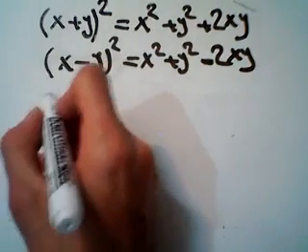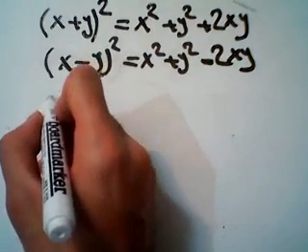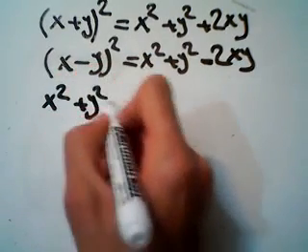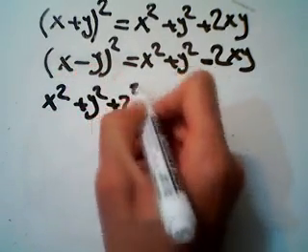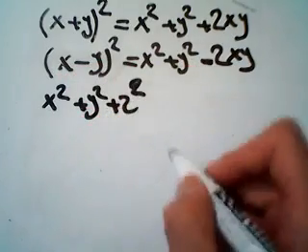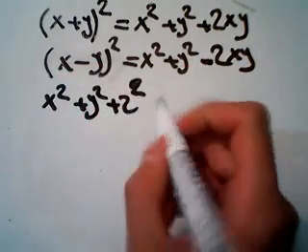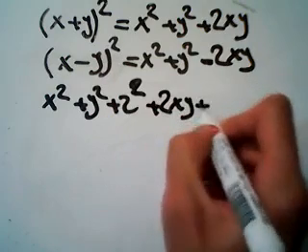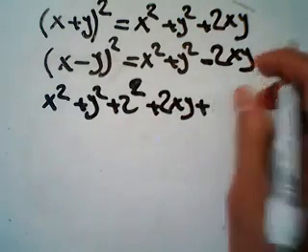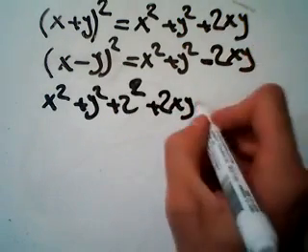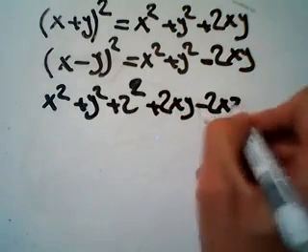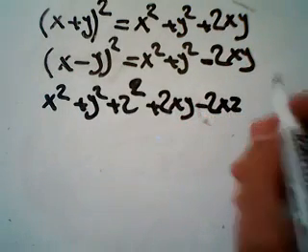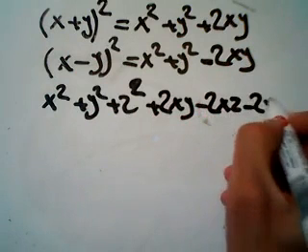Or here's a good one: x squared plus y squared plus z squared plus 2xy minus 2xz minus 2yz.